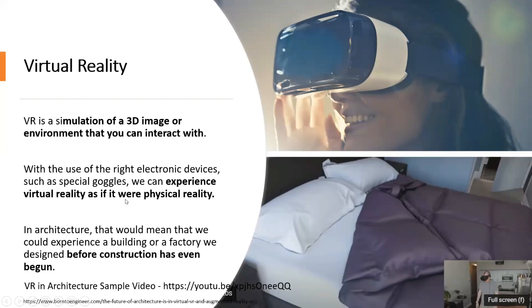So we can interact with the features, the objects in the virtual reality as if they are physically real models. In architecture, that would mean that we could experience a building or a factory we designed before construction has even begun. So here's a sample video. The ones who are interested, they can see the video.